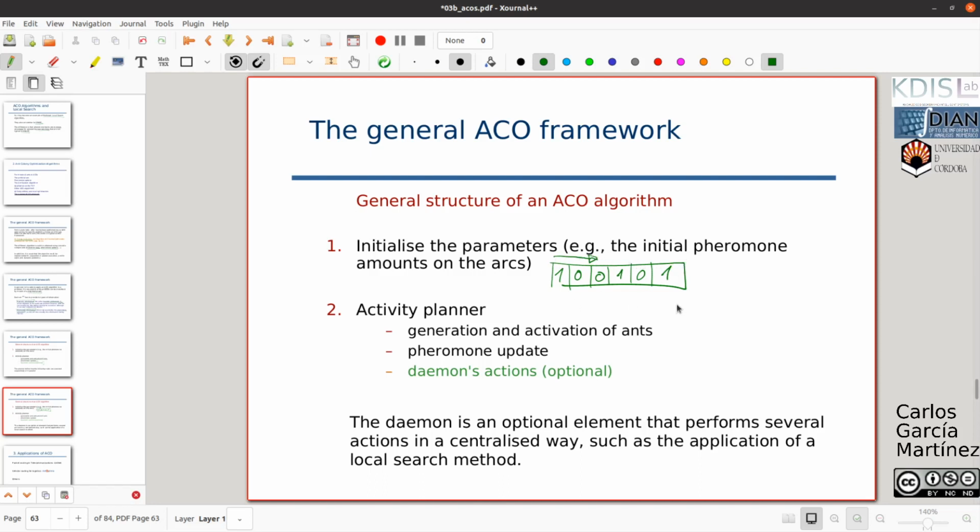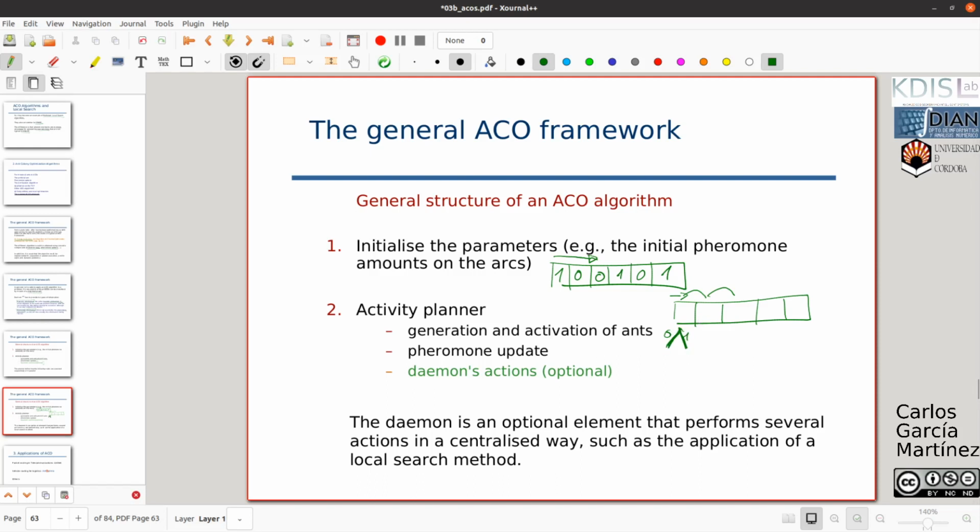So at the beginning, the vector is kind of empty, and at each step you got two possibilities, either setting a 0 or a 1 in this decision variable. So this is actually an arc of your graph.